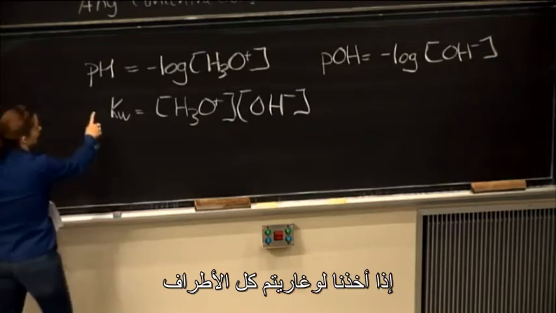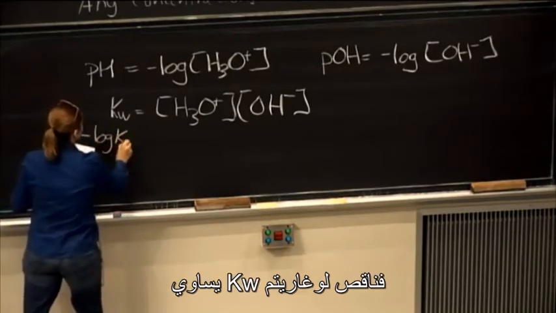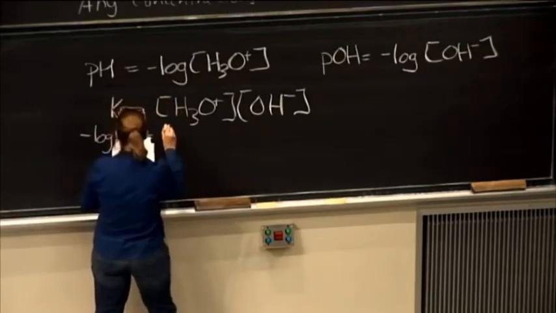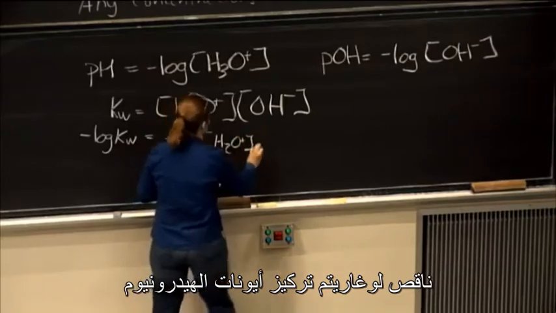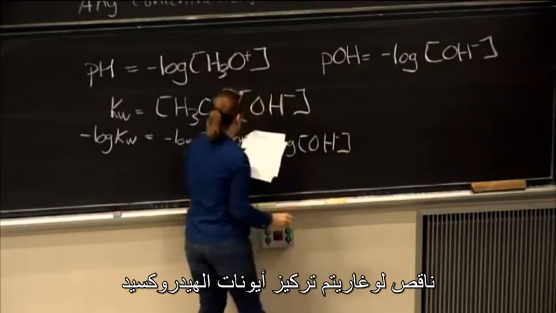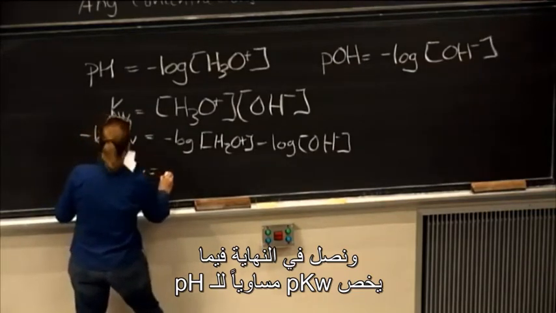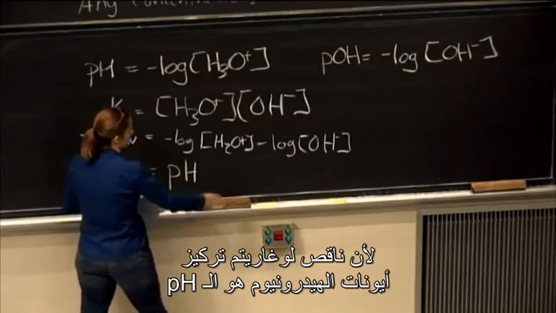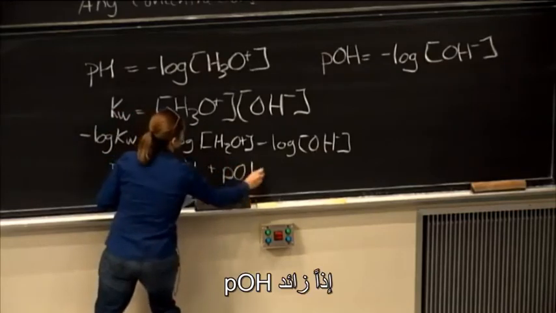If we take the minus log of everything, minus log of Kw equals the minus log of hydronium ion concentration minus the log of hydroxide ion concentration, and we end up with pKw being equal to pH, because minus log of the hydronium ion concentration is pH, and minus the log of the hydroxide concentration is pOH, so plus pOH.